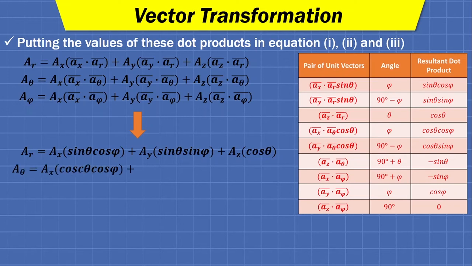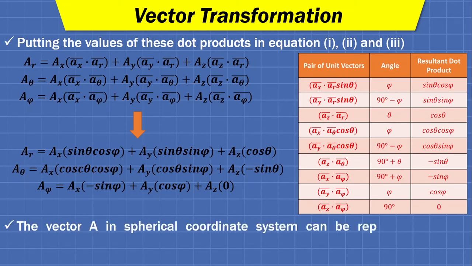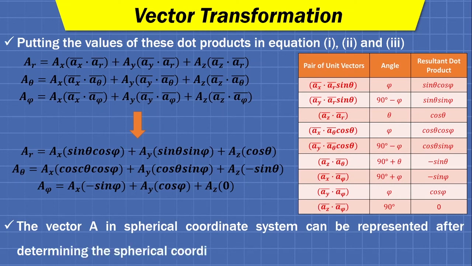Similarly, A theta will be A_x cos theta cos phi plus A_y cos theta sin phi plus A_z into minus sin theta. And finally, A phi will be A_x into minus sin phi plus A_y cos phi plus A_z into 0. The vector A in the spherical coordinate system can be represented after determining the spherical coordinates with the help of the above equations.